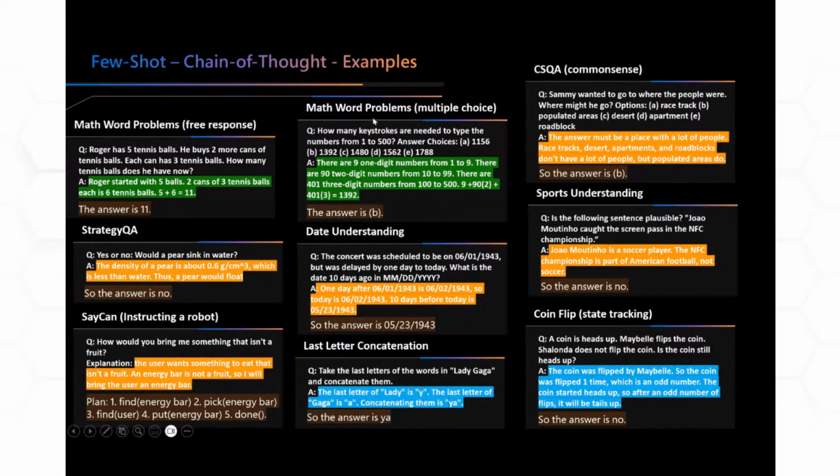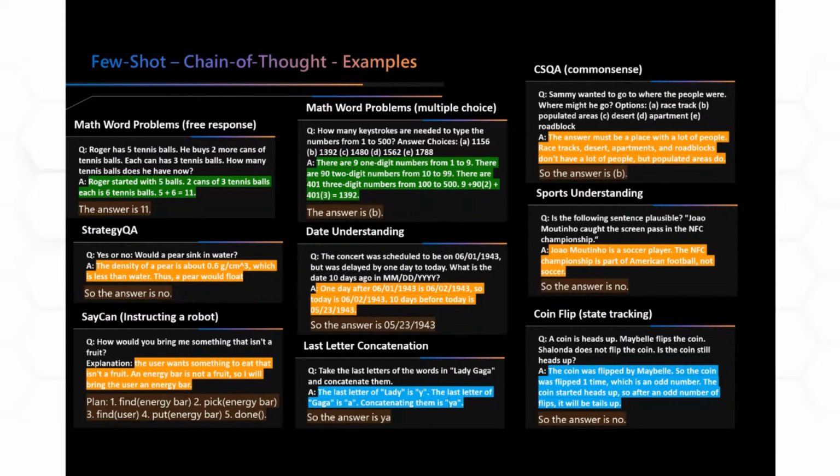Looking at the middle top here, if we think of a math word problem, I'm not going to go through all of these, but just going through some so you can see how there's a difference in how you let the model reason. In this case, the question is how many keystrokes are needed to type the numbers from 1 to 500? And there are multiple choice answers. Here, we're telling the model there are 9 one-digit numbers from 1 to 9. There are 90 two-digit numbers from 10 to 99.